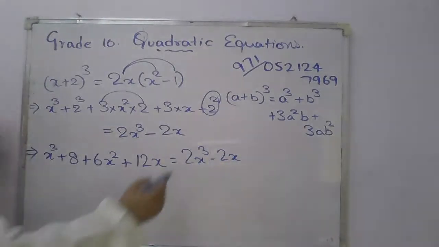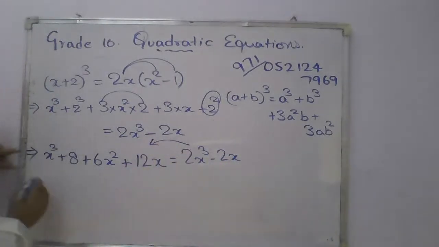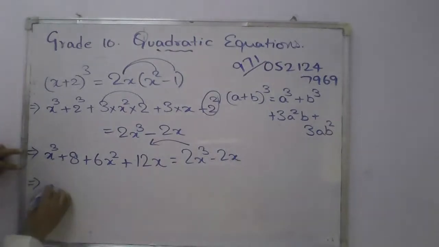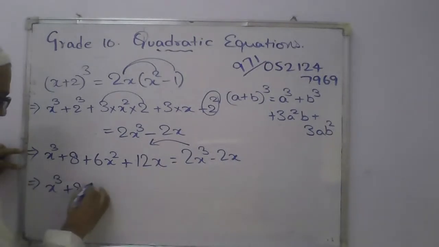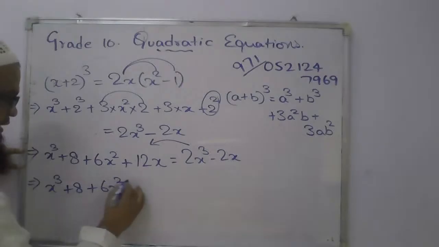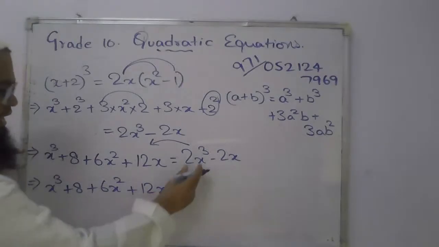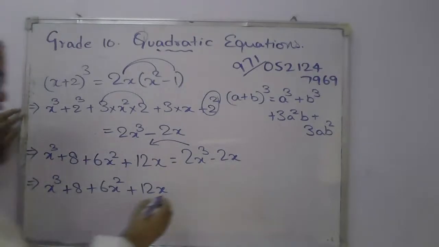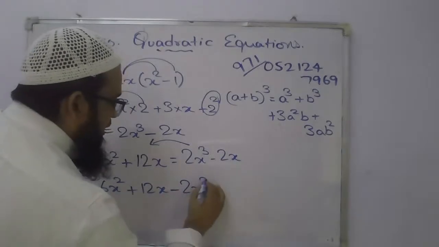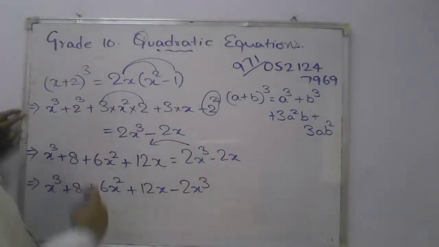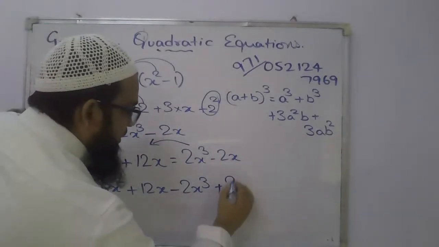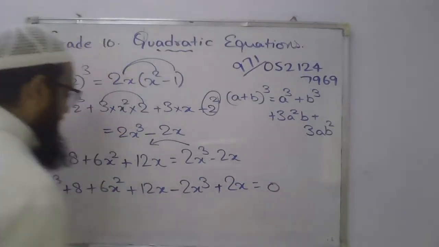Is it clear? Now transpose it. So that equals x cube plus 8 plus 6x square plus 12x, and the 2x cube, when you transpose, it will be minus 2x cube, and minus 2x when you transpose to the left hand side, it will be plus 2x is equal to 0.